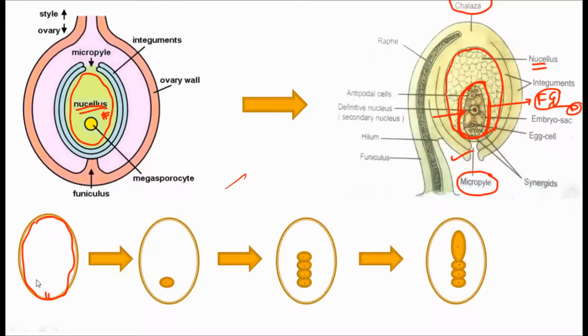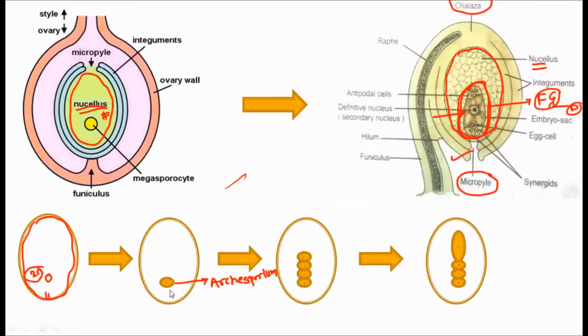A diploid cell, which has twice the number of chromosomes, at the micropylar end is differentiated to form the structure called archesporium. In the second step, you can clearly observe here the formation of archesporium. This first structure is called the archesporium.